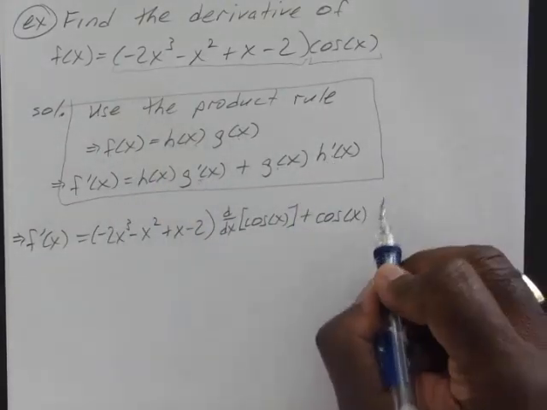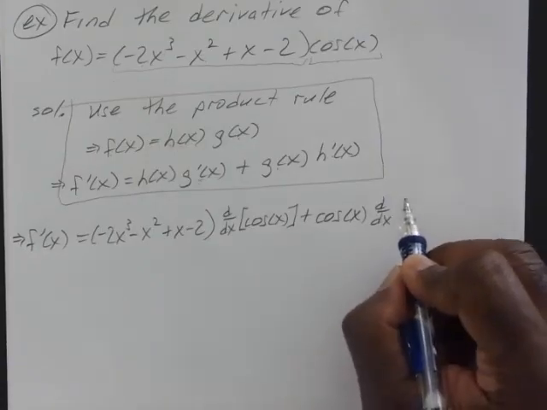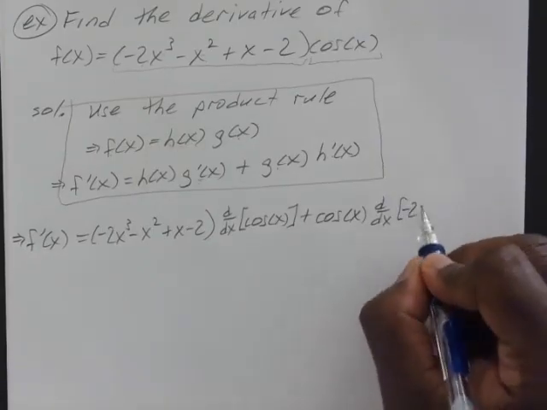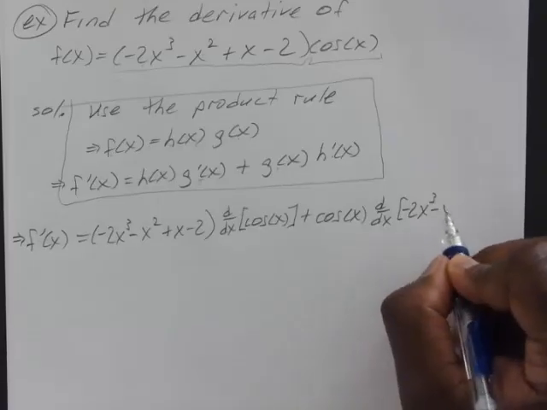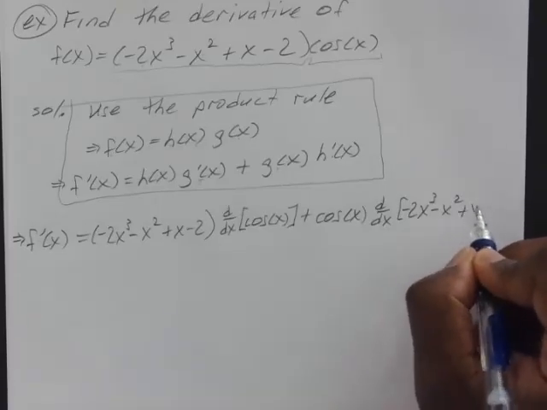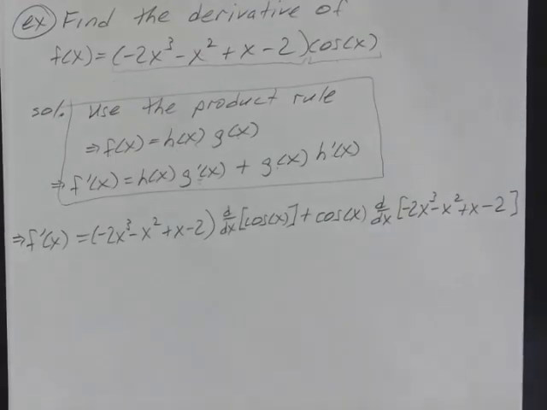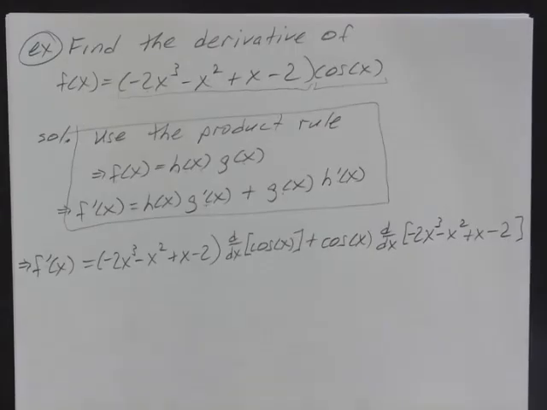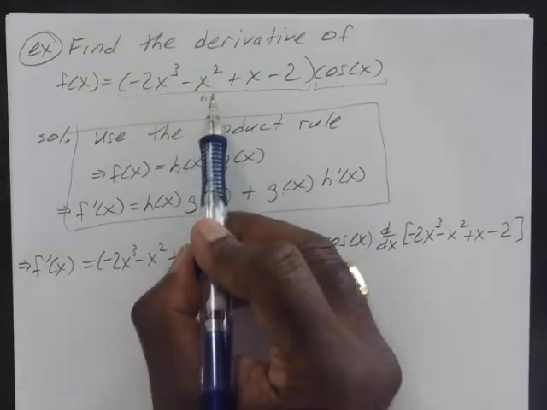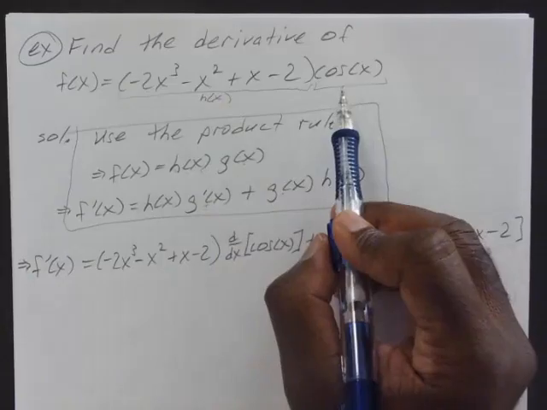So that's times the derivative of negative 2x to the third power minus x squared plus x minus 2. And that's just if you call this your h of x and this your g of x.